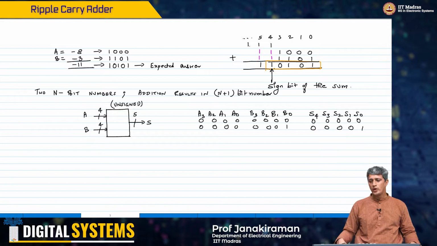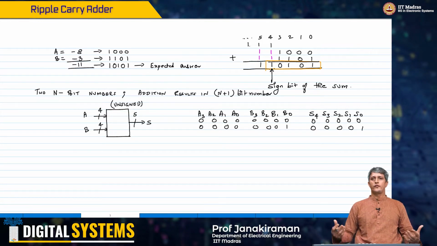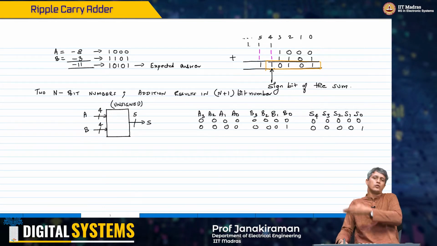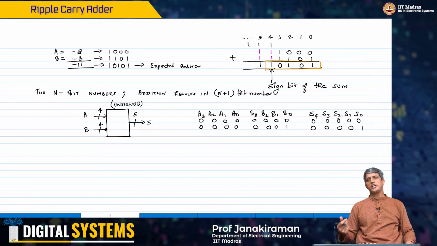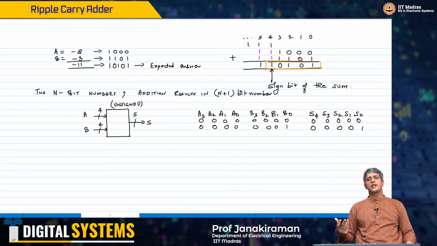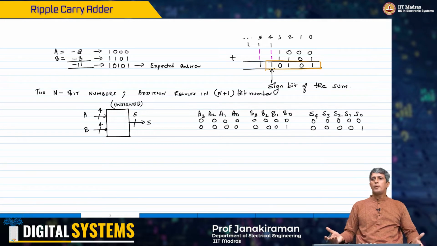You populate the entire truth table for 256 combinations, 2 power 8 combinations, and you can do the Boolean simplification for each sum and get the answer. Now obviously this is not going to scale.